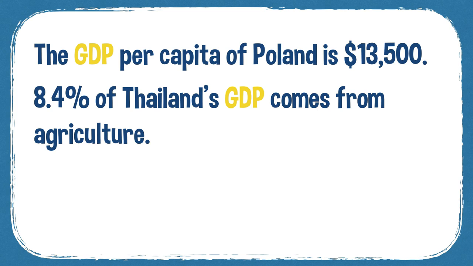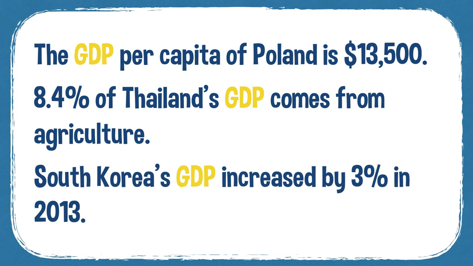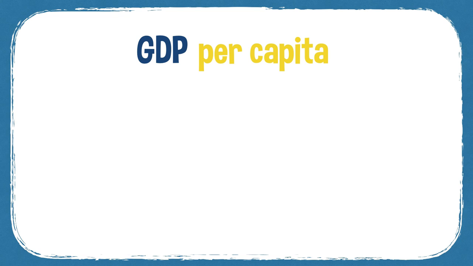So for example, the GDP per capita of Poland is $13,500. Per capita means per head or per person. So that means the wealth of each person in Poland in 1 year is $13,500. 8.4% of Thailand's GDP comes from agriculture. So 8.4% of the wealth of Thailand comes from agriculture. South Korea's GDP increased by 3% in 2013. So we talk about GDP per capita, which means per head.